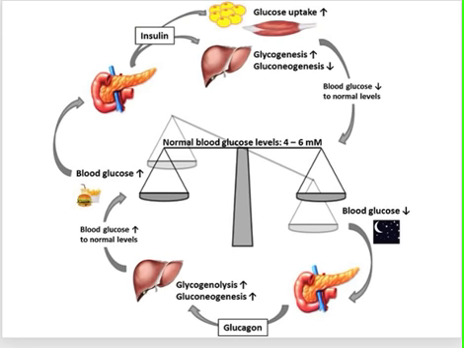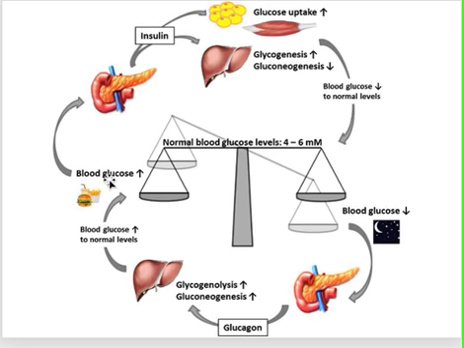So to illustrate, when you eat, let's say you eat a burger and fries, your blood sugar or your blood glucose will go up. And this signals your pancreas to secrete a hormone called insulin. And your insulin in turn will tell your liver to increase the process of glycogenesis, or the formation of glycogen from the glucose, no?